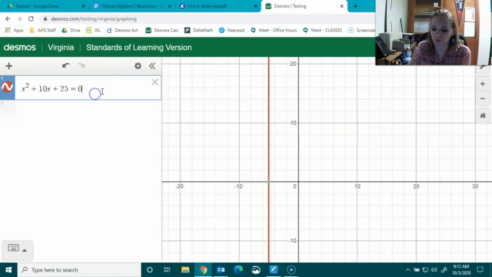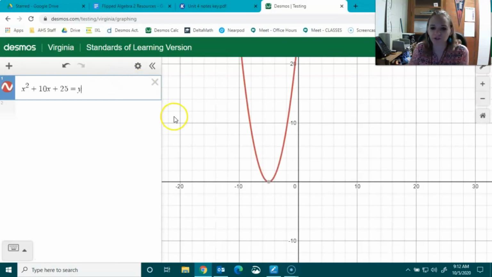But if we change it to a y, the actual parabola shows up, and the vertex of that parabola hits right there at negative 5. That will be a case where a quadratic will have only one solution, and that's because the vertex sits on it. It scoops down, hits that number and goes immediately back up, so it counts that as 2 solutions.